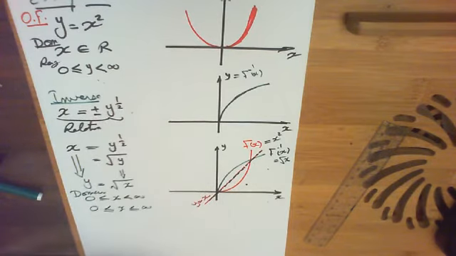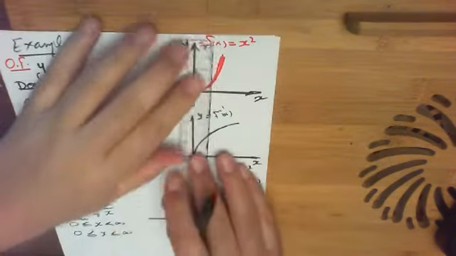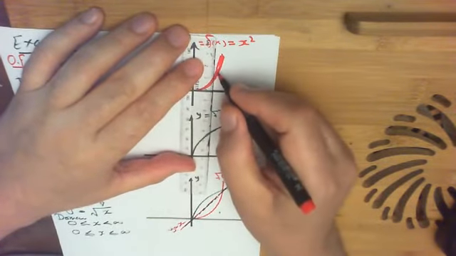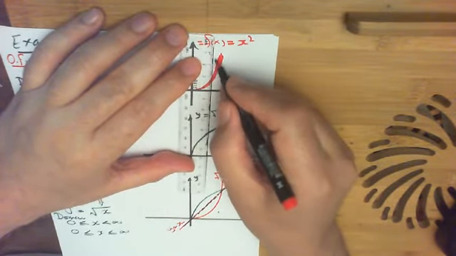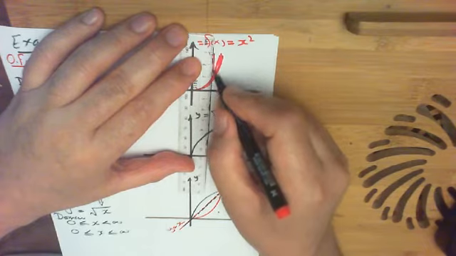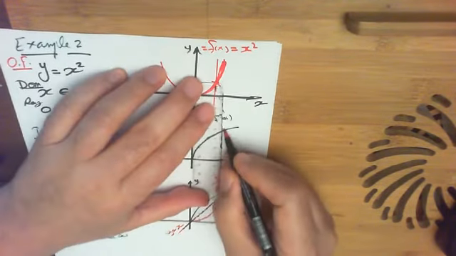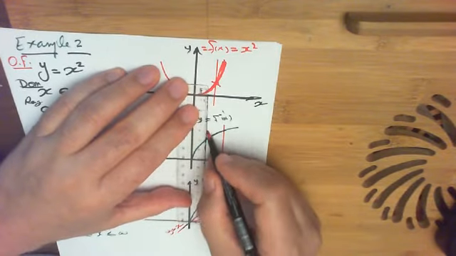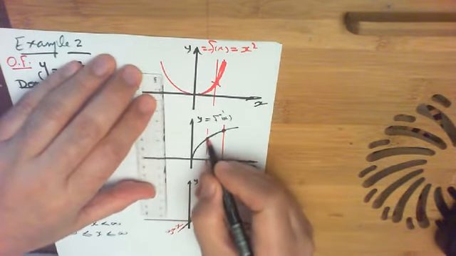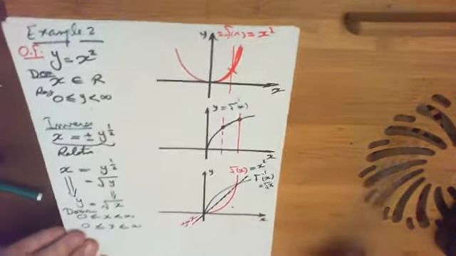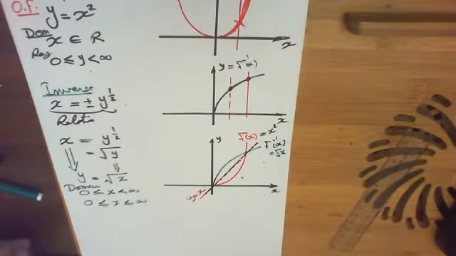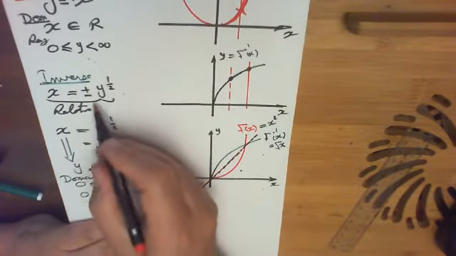The function, as I told you, using the vertical line test, for every vertical line we must have one and only one value. Then it is called a function. Now we have two values.